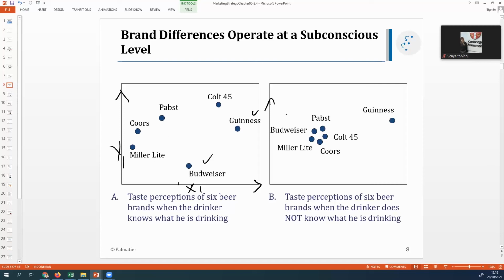But if they do not know the product, if they are blinded, they base it on the taste and flavor, so there will be taste perception. This one is kind of similar, this one is kind of different, because they don't know what they are drinking. This tells us that brand differences operate at the subconscious level. When you don't know the label, you can't tell the brand differences.